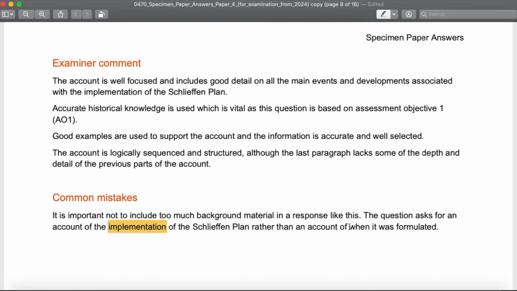So implementation means they're doing it, not planning it, it's go time. World War I has started, and how is this plan being put into action? So that was a big thing that needed to be addressed.